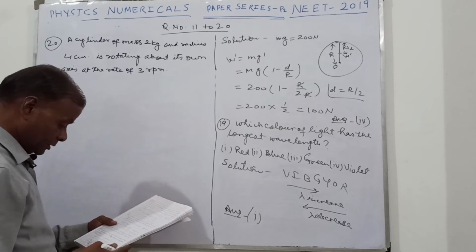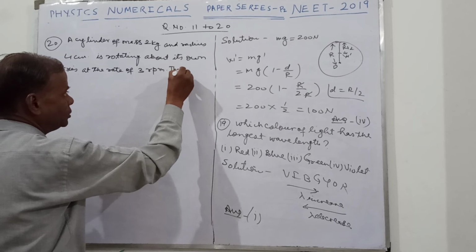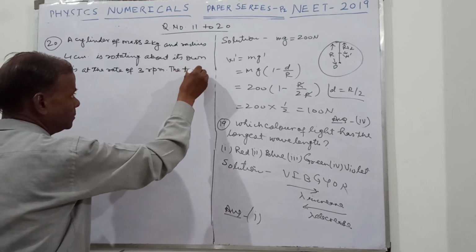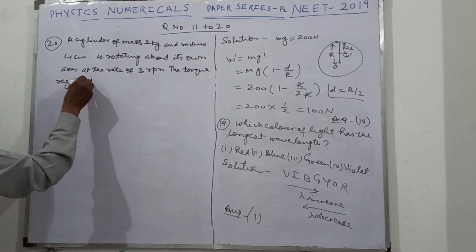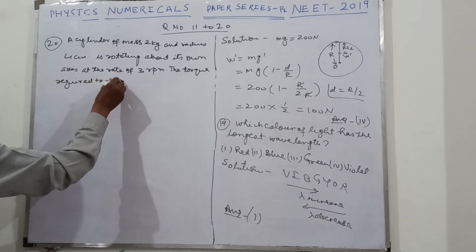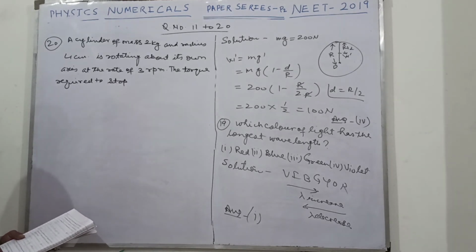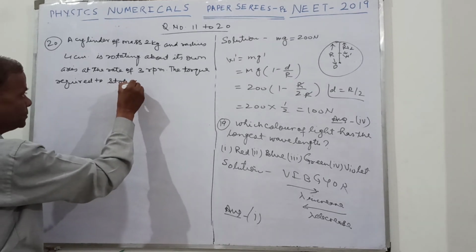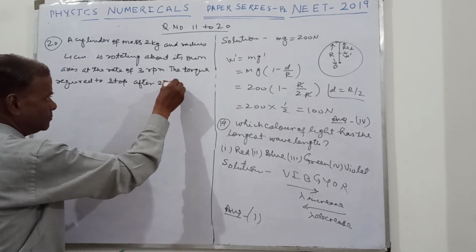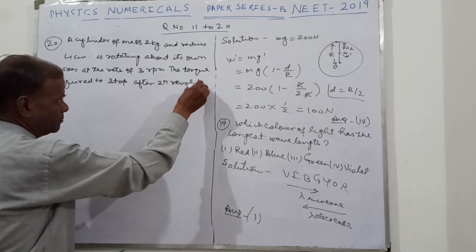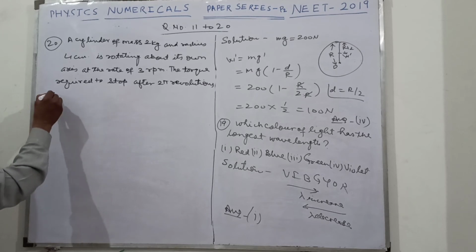The torque required to stop after 2 pi revolutions is?